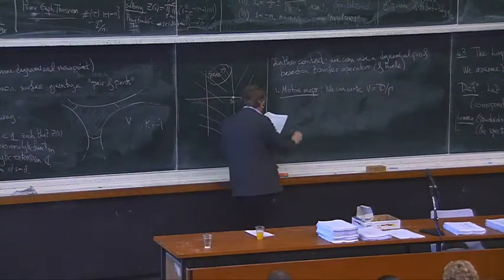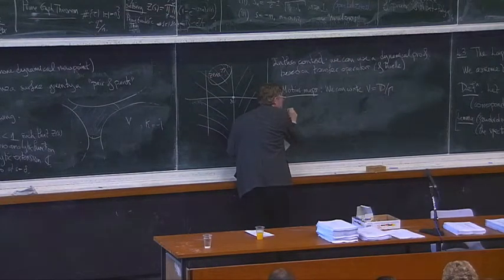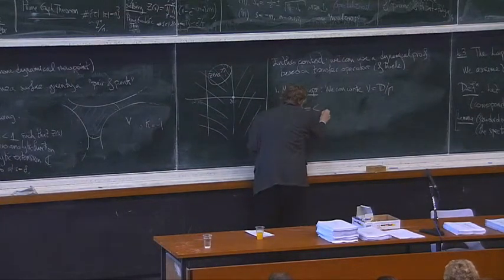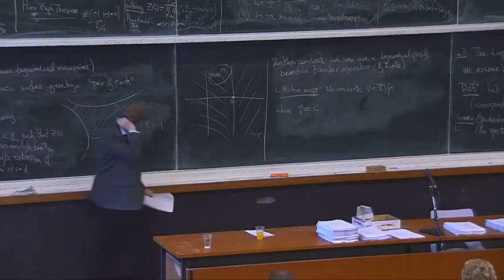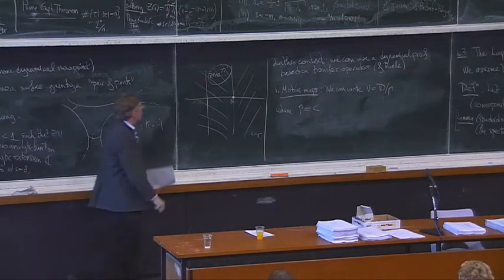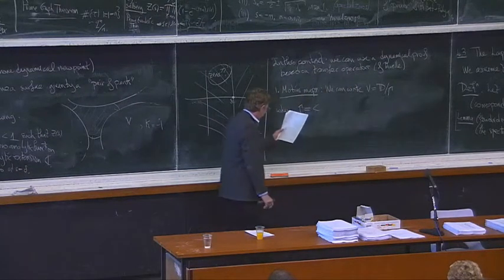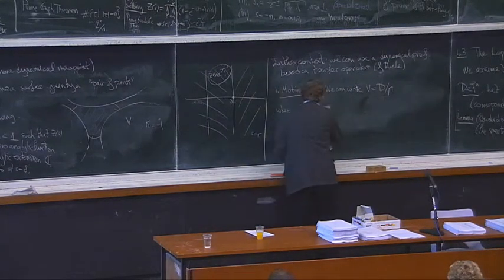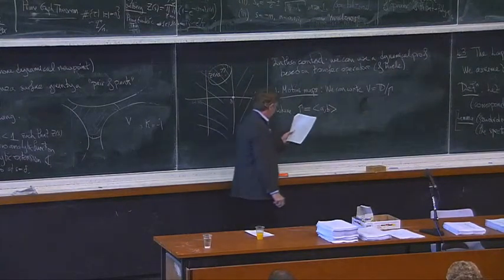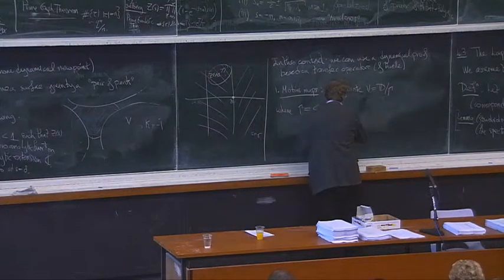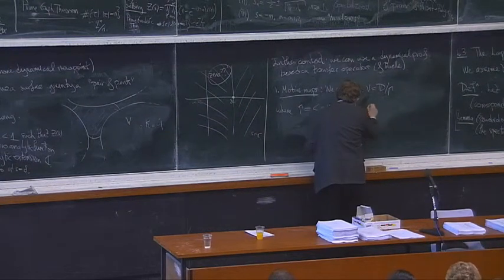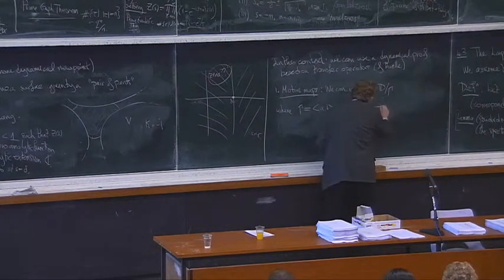And here the identifications are given by a group. So if you had a flat torus, that's the usual standard torus in the plane, it would be R2 quotient Z2. Here it's going to be the disk quotient something else, and it's the group generated by two transformations, A and B, where A and B are maps from the disk to itself.